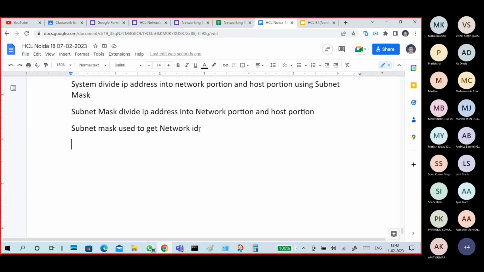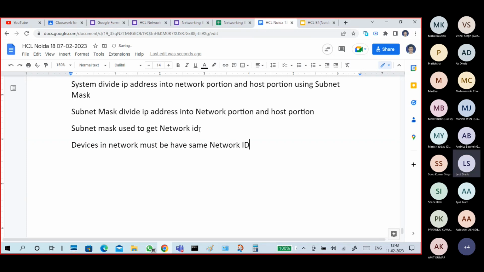Devices in the network must have the same network ID.